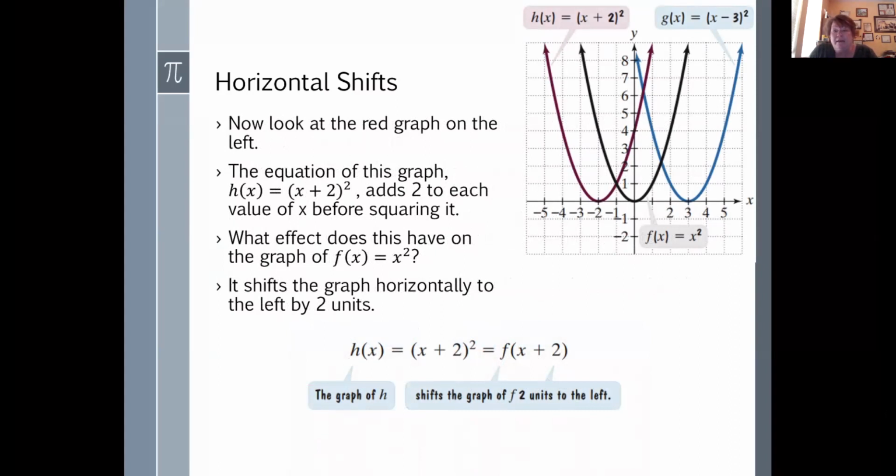So h of x is equal to x plus 2 squared, which is f of x plus 2. So when we add a constant to our input, when we add a constant to our x, that is a shift to the left. When we subtract a constant from our x, that is a shift to the right. Add, shift left, subtract, shift right.